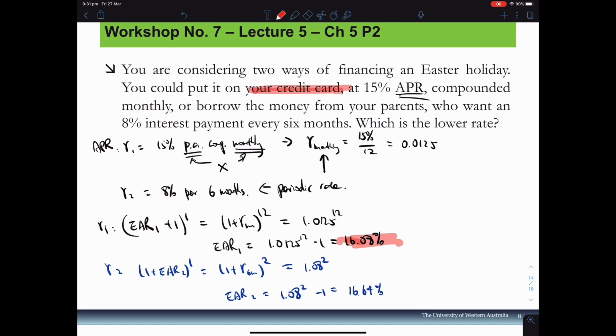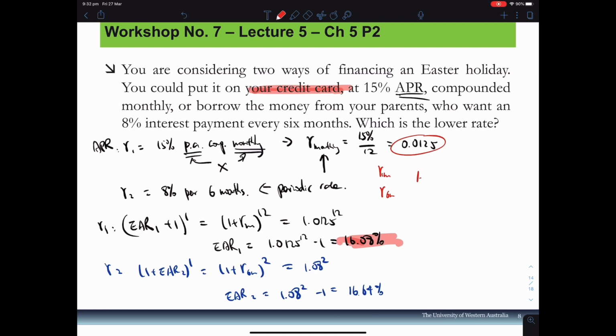Just as an extension, some people may say that one of them is 1 month, one of them is 6 months. Could you just turn 1 month into 6 months? Yes, you can do that as well. As an alternative, if we know that there are six 1 month periods in every 6 months, you can turn this number into a 6 month rate.